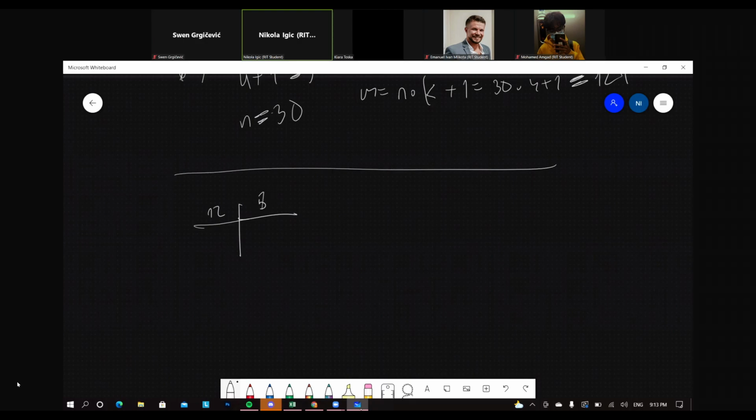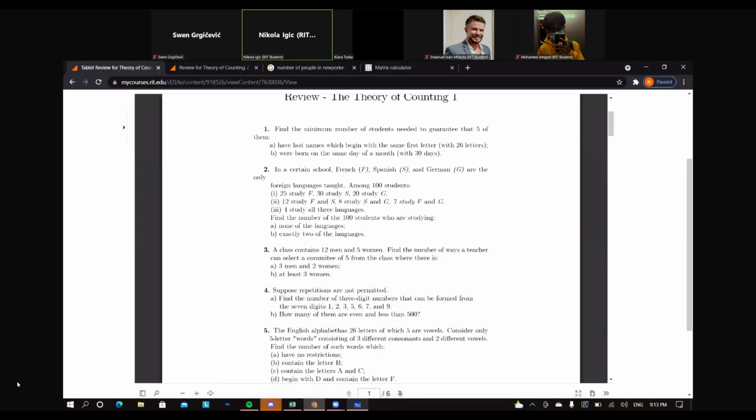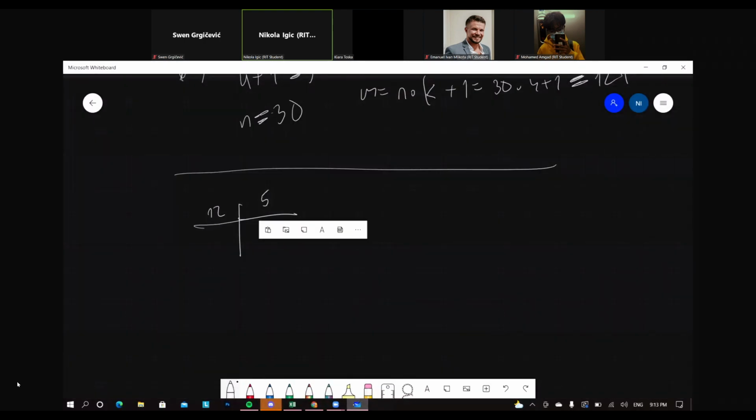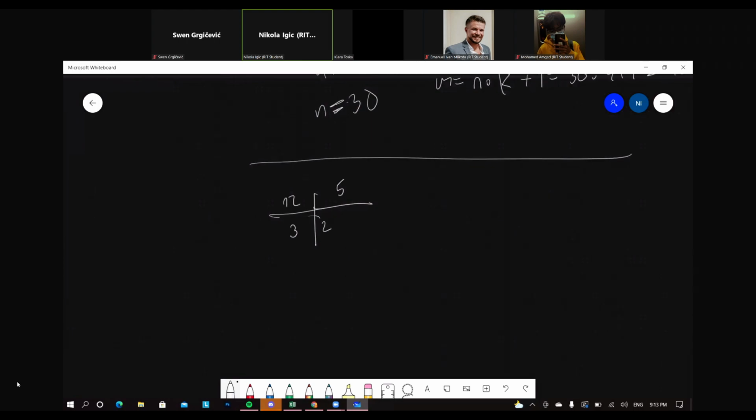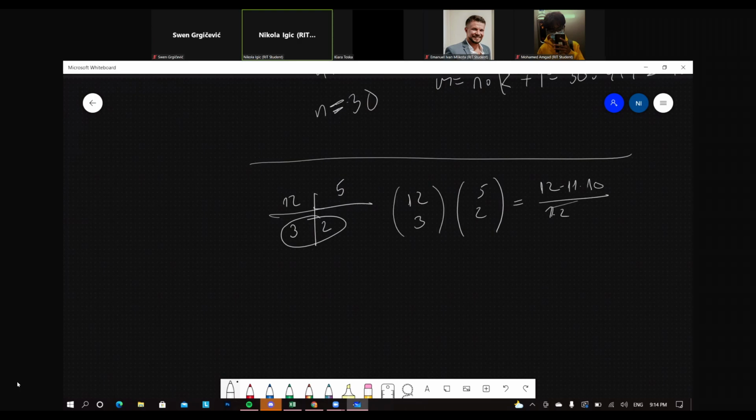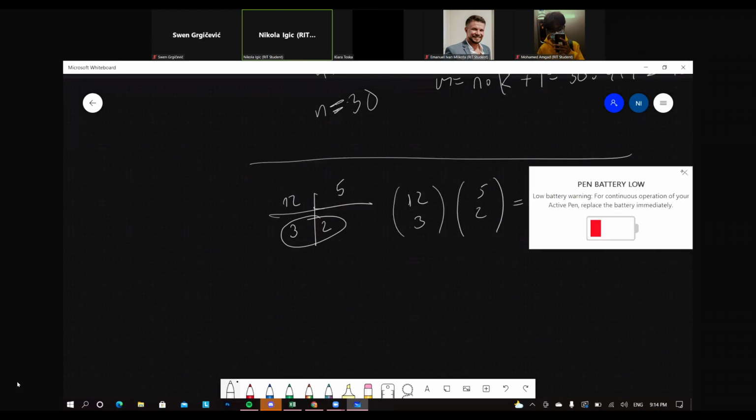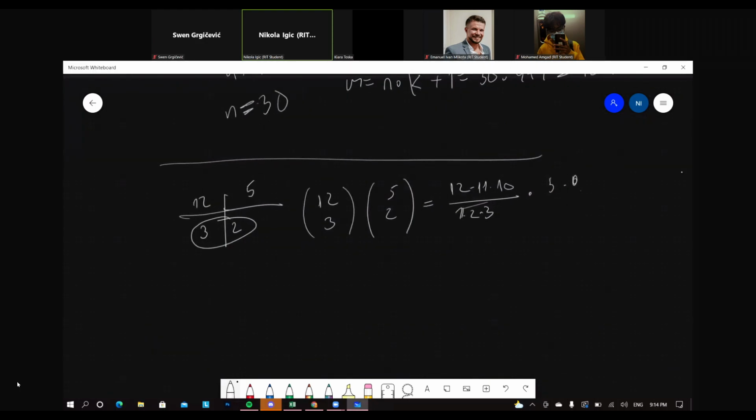Find the number of ways a teacher can select a committee of 5 for the class where there are 3 men, 2 women. Okay, my battery is low.